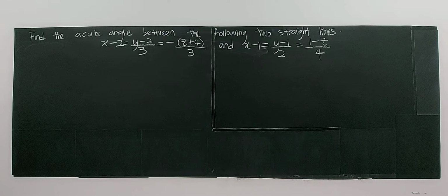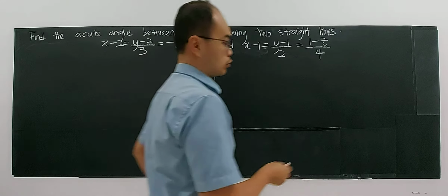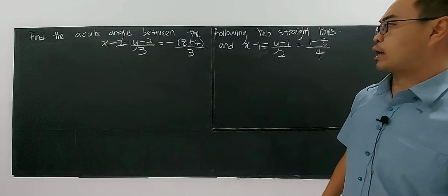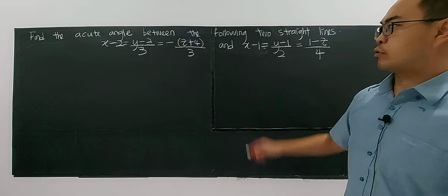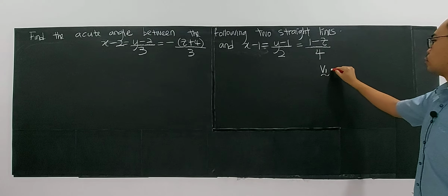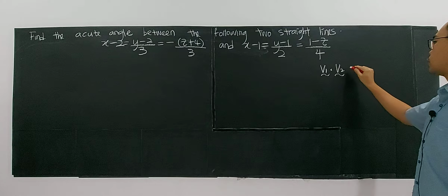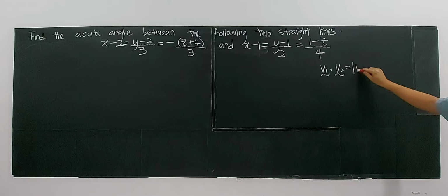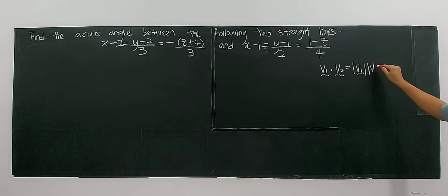This question specifies that we want to find the acute angle between the following two straight lines. As I told you just now, to find the angle between two straight lines, you have to know the direction vectors from the equations of the lines. So we apply the formula V1 dot V2, the direction vectors of line 1 and line 2, equals magnitude of V1, magnitude of V2, cosine theta.